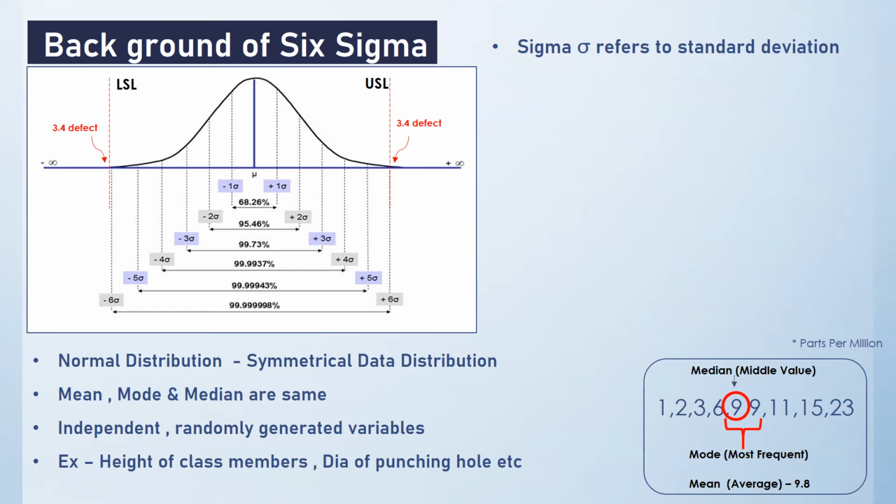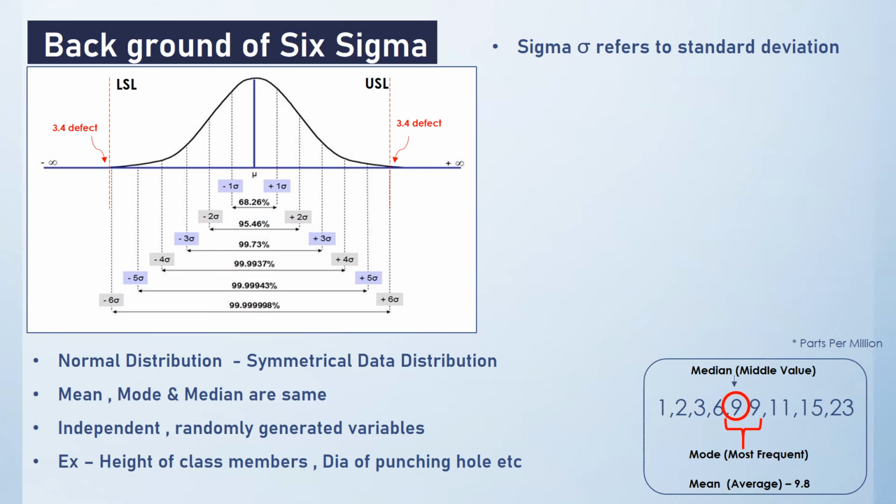If we look at one sigma on both sides, 68% of the area is covered, in 2 sigma 95% of the area is covered, and in 3 sigma 99.73% of the area is covered, and reaching 6 sigma, 99.99998% of the area is covered in the normal distribution.